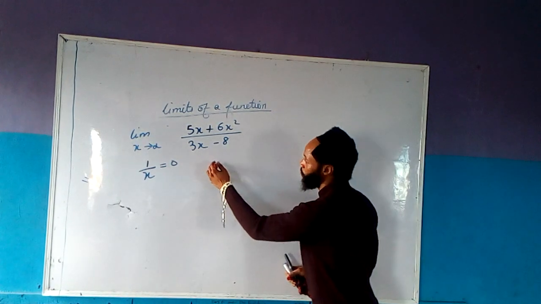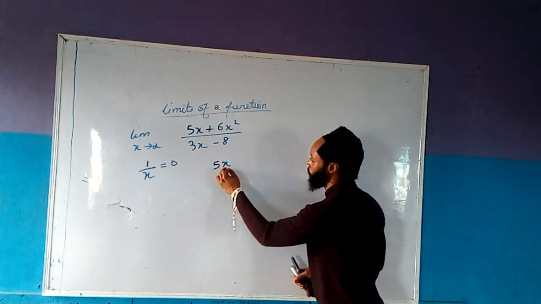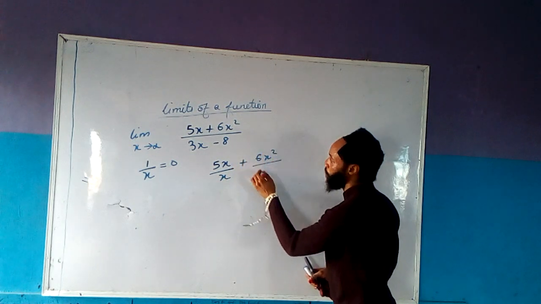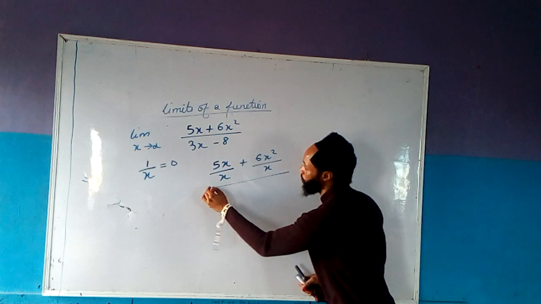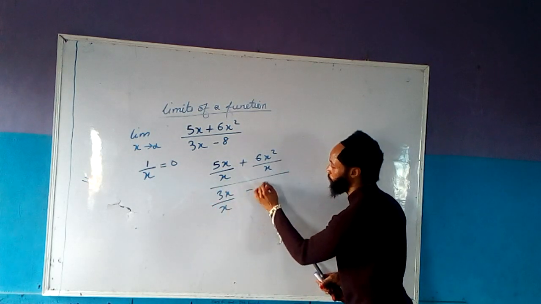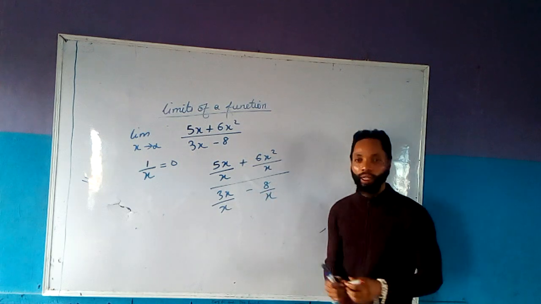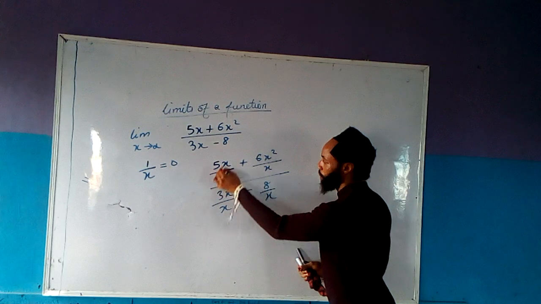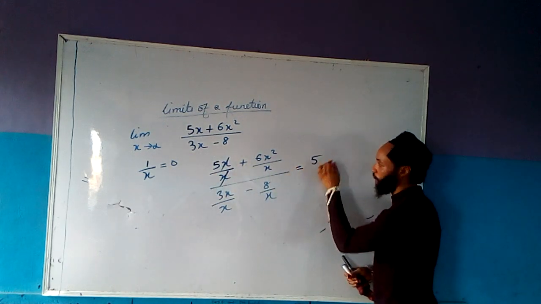What are we doing? We have 5x all over x plus 6x squared all over x, all over 3x all over x negative 8 all over x. Now, if we cut through x, what are we going to have? This will give us 5.